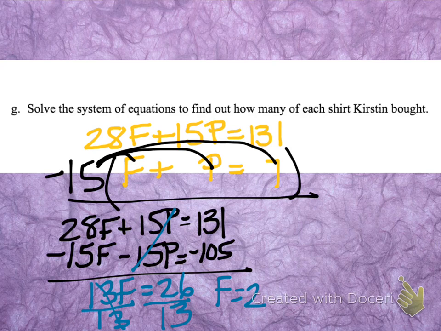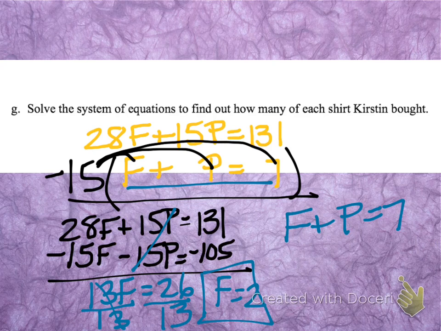So you had 2 fancy shirts. Great. But now we have to know how many plain shirts we have. If we use this original equation, F plus P equals 7, we substitute for F, so 2 plus P equals 7. If you solve the equation, you find that the number of plain shirts you had was 5.